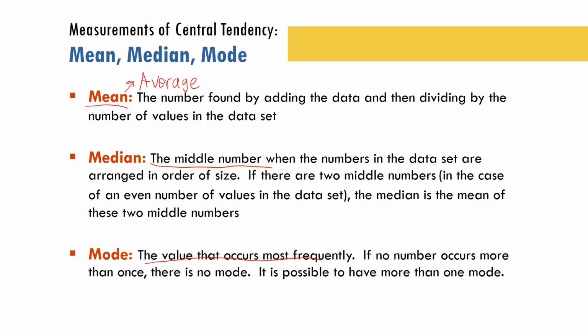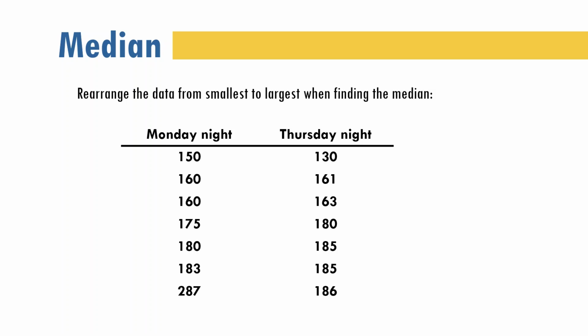So I want now to find the medians of the scores of the bowling games on Monday night and Thursday night. To find the median, you have to rearrange the data from smallest to the largest.